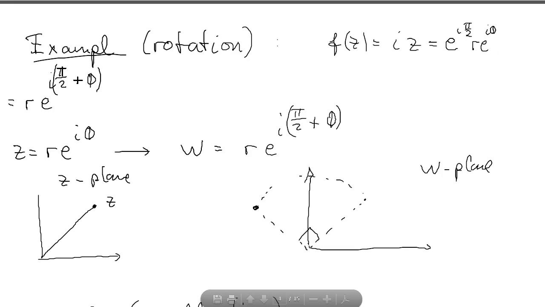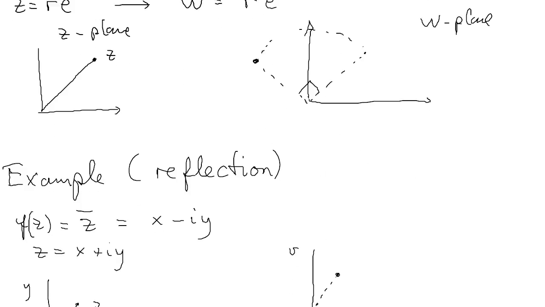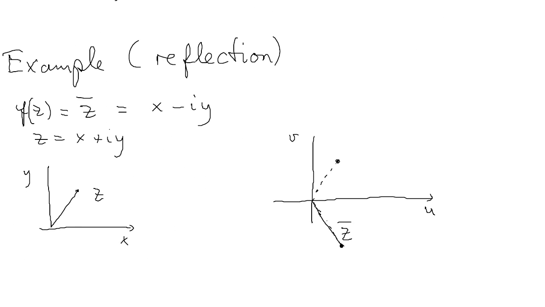So here we have an example of a function with a rotation, and here we have an example of a reflection. The function f of z, which is equal to the conjugate of z, is just equal to x minus iy. And you know that z is equal to x plus iy.